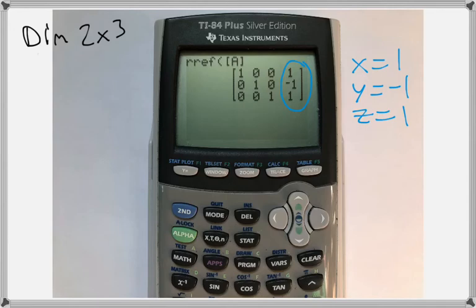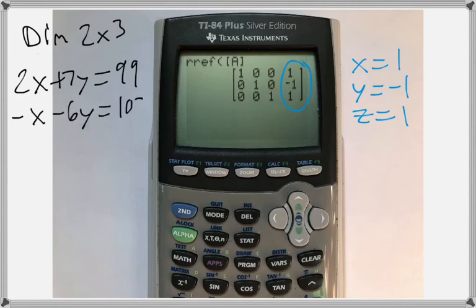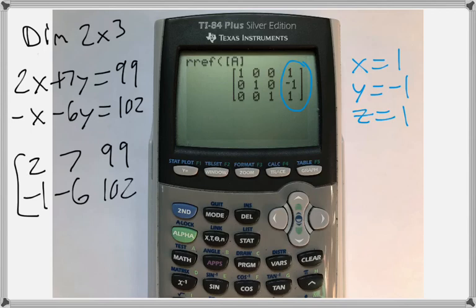But you could solve, let's say if you had 2x plus 7y is equal to 99, and -x minus 6y is 102. I would not actually solve this because it's probably going to give you a weird answer, but your matrix would be 2, 7, 99, -1, -6, 102, and you could get the answers the same way.